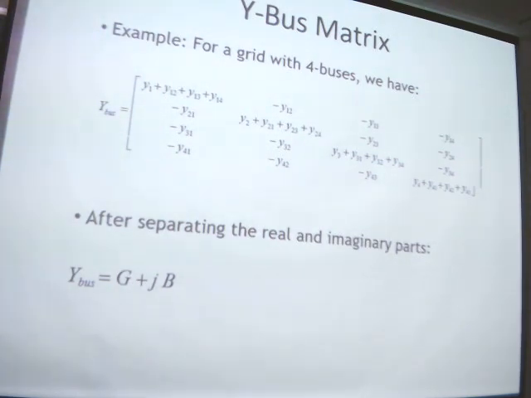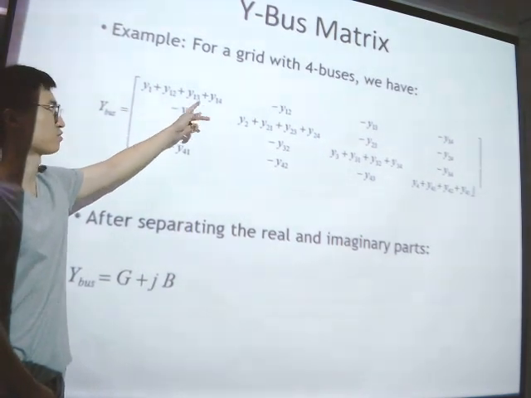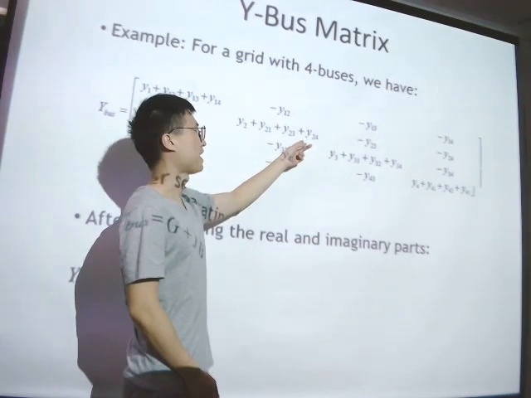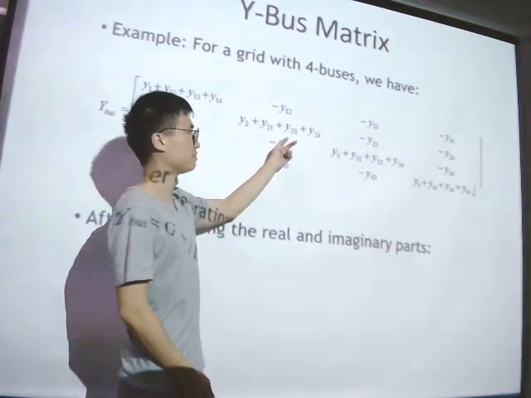Just like this, A is equal to the sum of these three, the serve admittance of these bars, right? And these two are the transmission line admittances. So the Y1, Y3 is the serve and the connected transmission admittance, right?